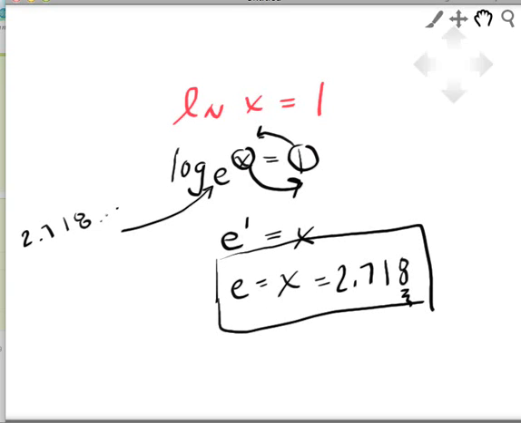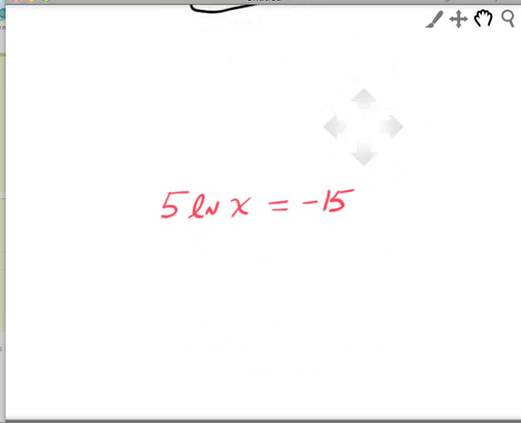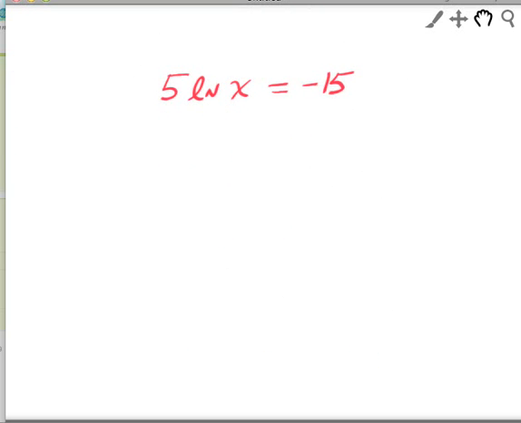Let's take a look at another one slightly more complicated, just to get your mind right on these problems. Now, this one, 5 times the natural log of x is equal to negative 15. If I had 5 times a is equal to negative 15, you wouldn't blink or think. You'd immediately divide both sides by 5 to isolate the a.